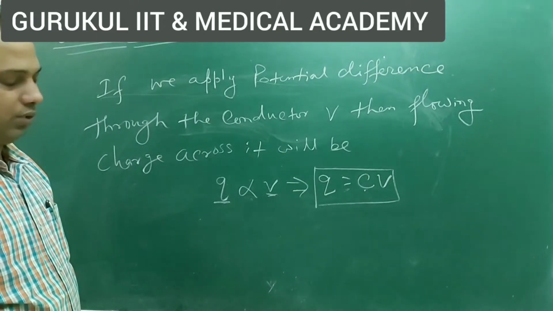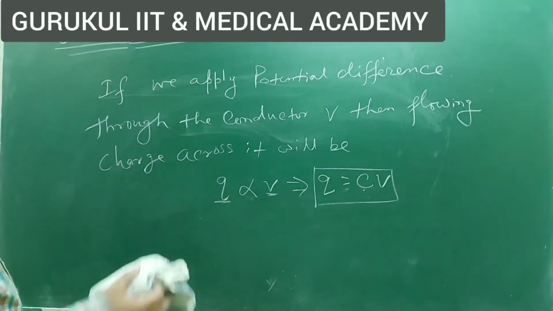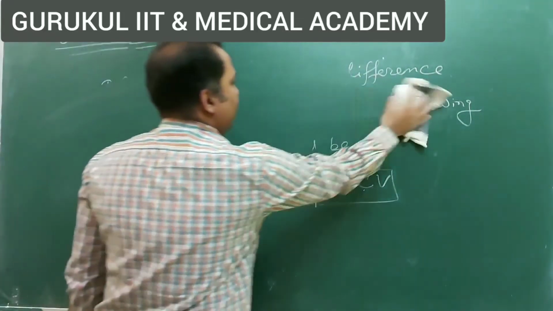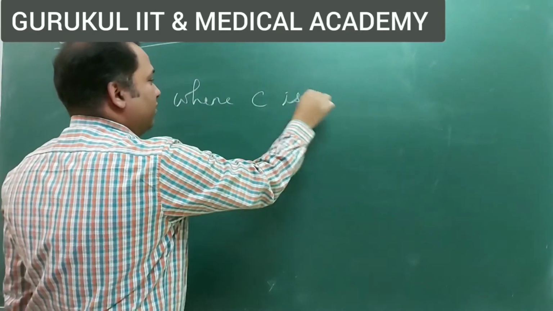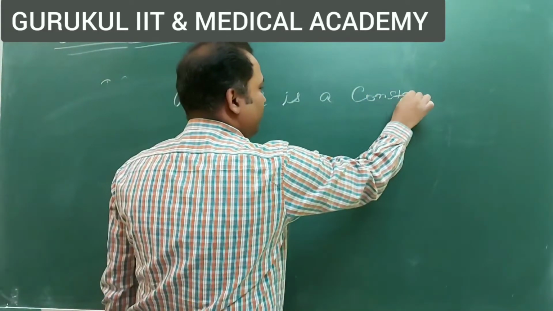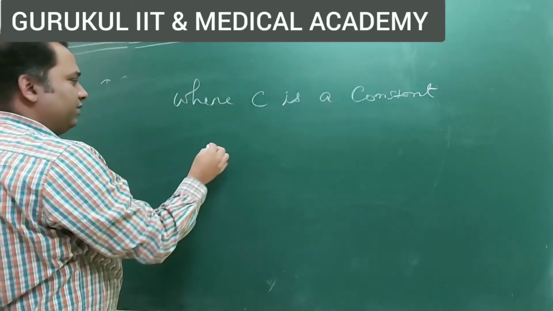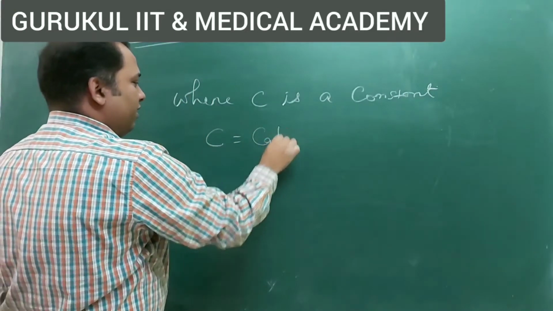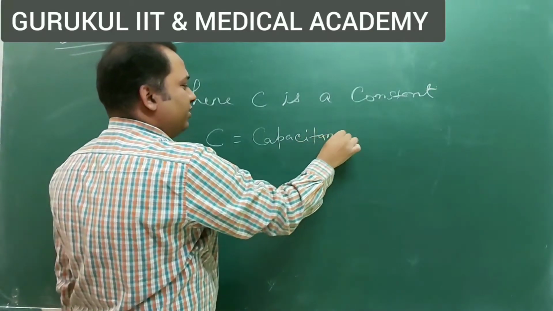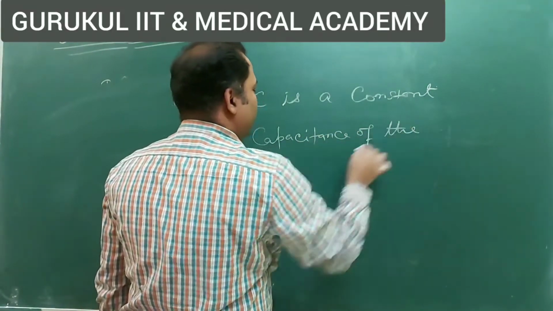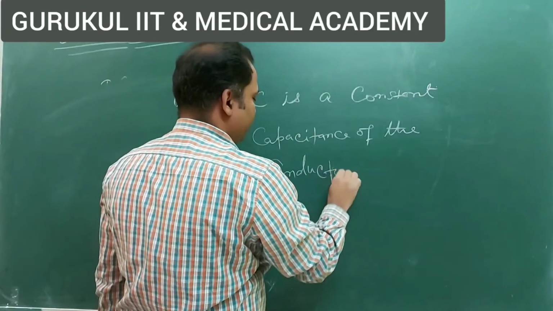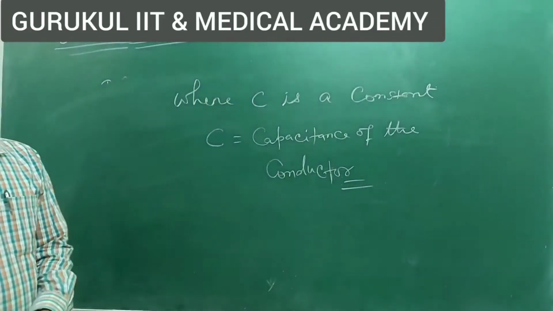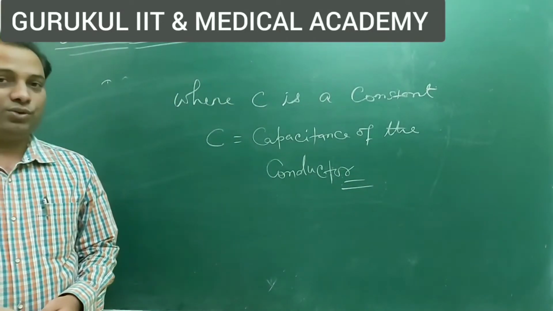Write down: where C is a constant, and this C is called the capacitance of the conductor. Okay, got it, please note down.